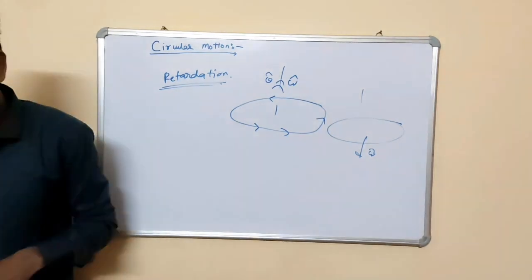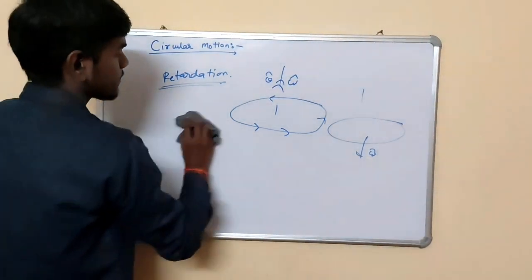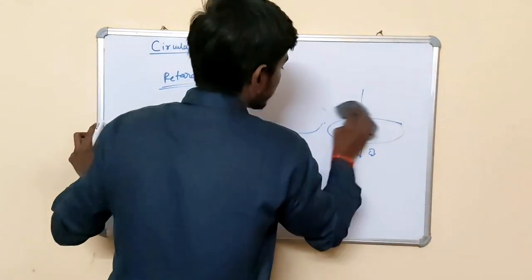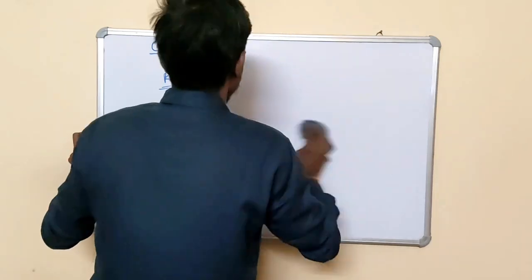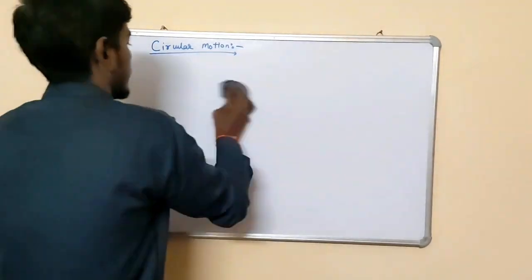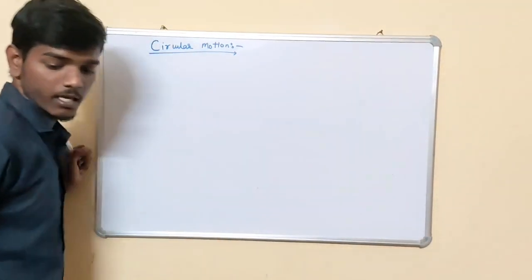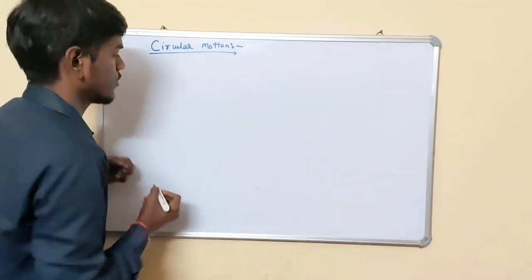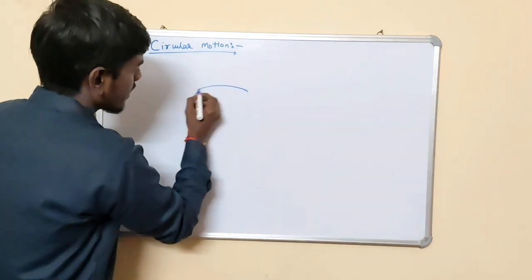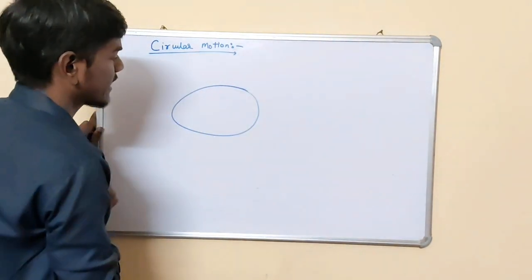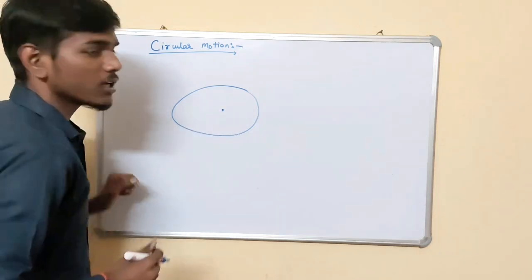Now let's move to the next topic. What is tangential acceleration? Now I am starting the main thing of circular motion. Suppose a particle is generally moving like this. Now what is circular motion?